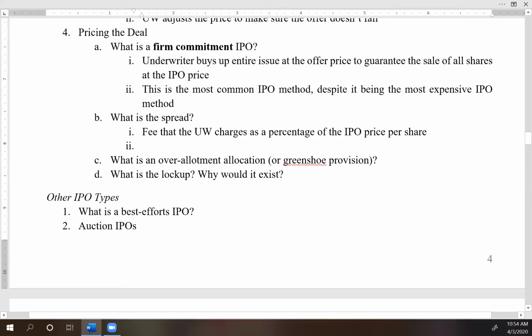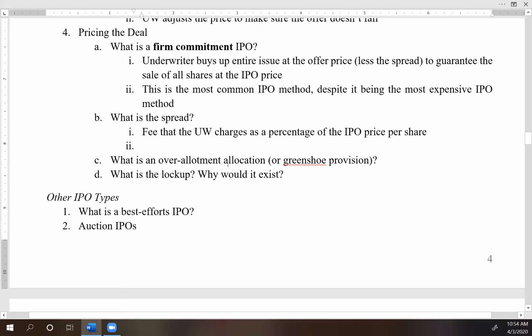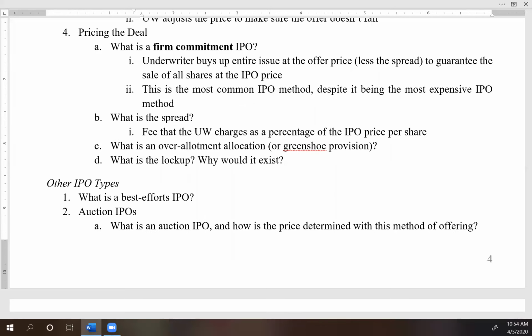So when it says the underwriter buys up the entire issue at the offer price, it's really the offer price less the spread. So essentially, they'll pay a little bit below the offer price as part of the fees that they're charging to facilitate this IPO process.